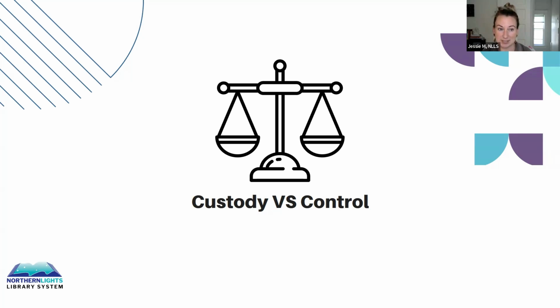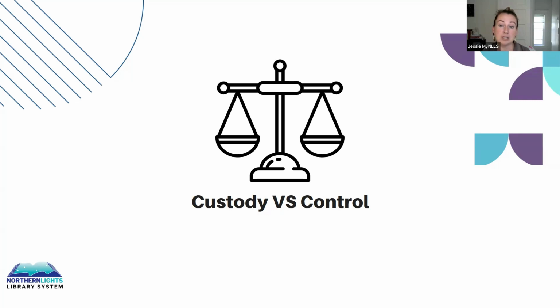So key differences. Custody relates to physical possession. Control relates to the authority and responsibility for the record, regardless of the physical location. The practical implications of this under FOIP would be that when an individual requests access to their information, the public body must provide access to records that it has in both custody and control.